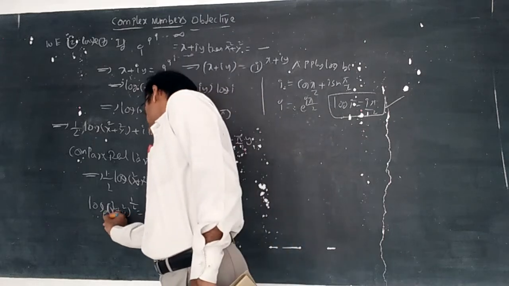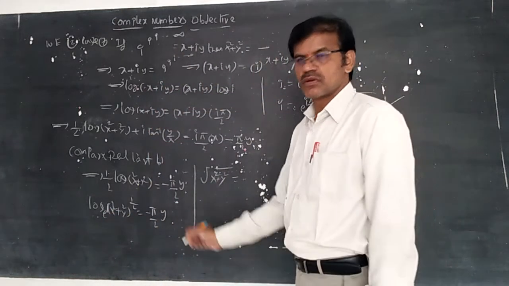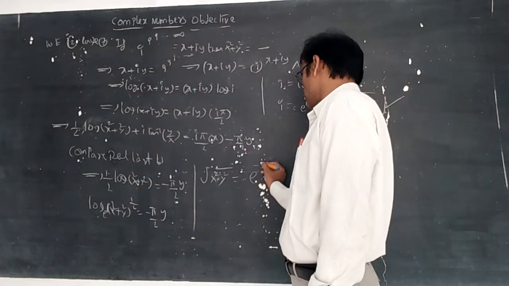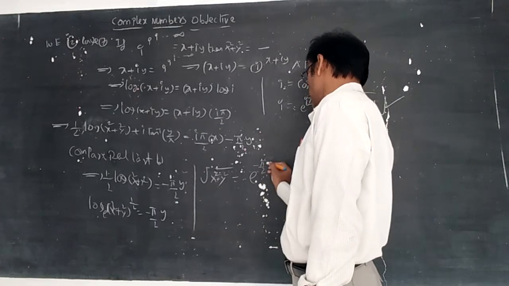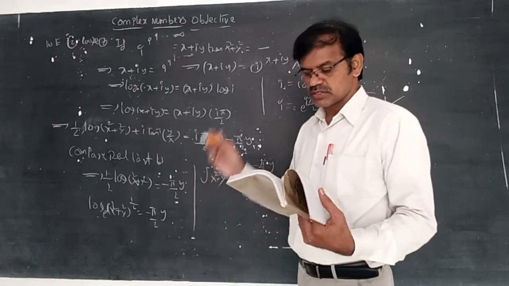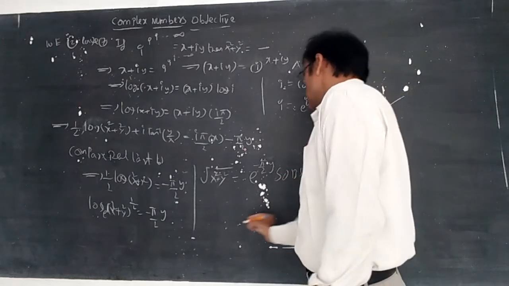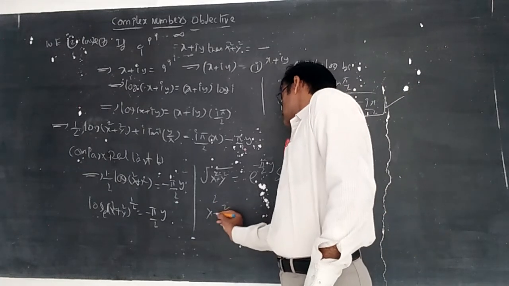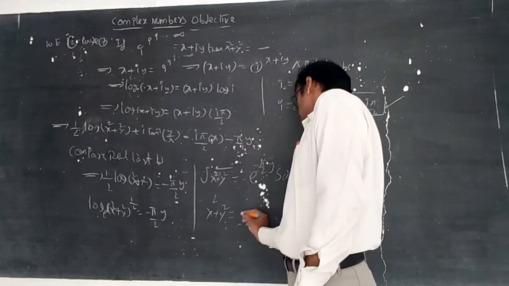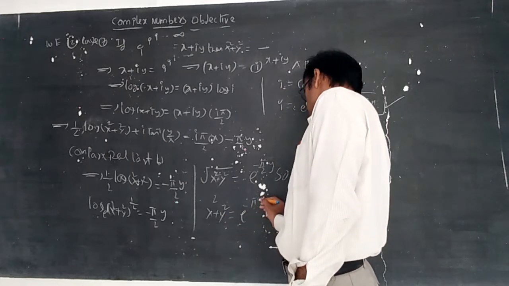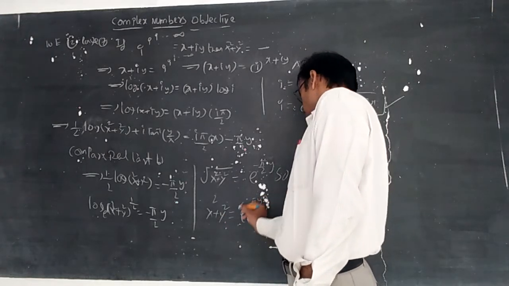Logarithm base e is there. Whenever you are eliminating the logarithm, it becomes e power minus pi by 2 y. Now squaring both sides, x square plus y square is equal to e power minus pi by 2 y whole square.